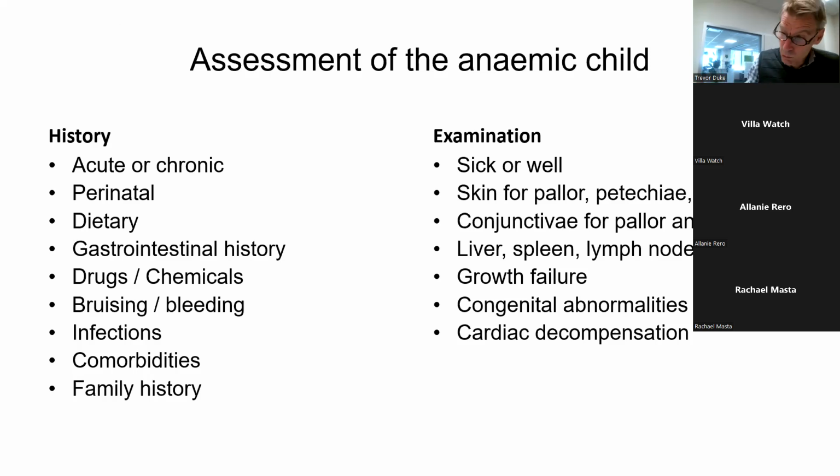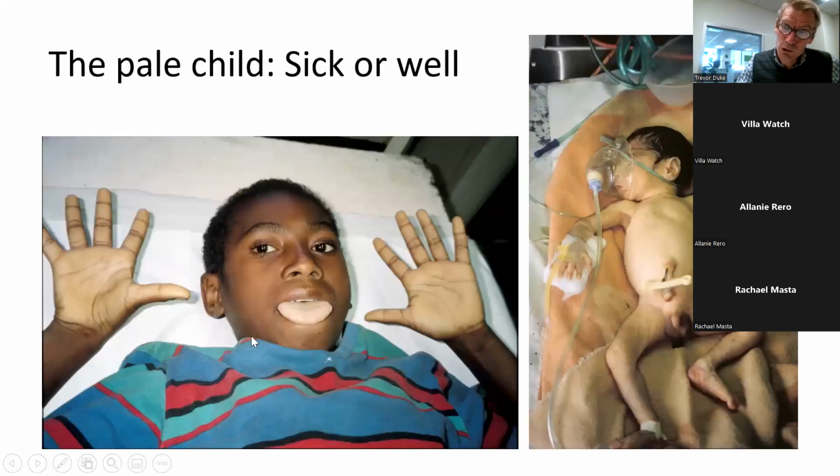And then importantly, assess the anemic child to see to what degree they're decompensated or to what degree they're compensated. Now, remember I said that this boy looks relatively well, but on his chest x-ray, his heart was almost as big as his thoracic cavity. And so he had a heart rate of 160 and relatively feeble pulses, like low volume pulses, but a very big heart.